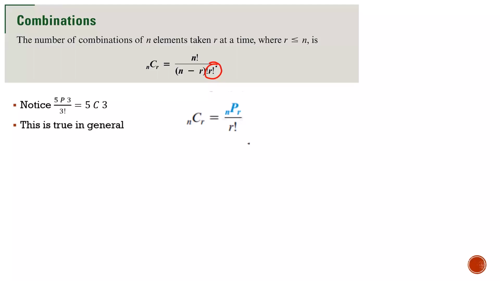I had 5P3 ways to arrange the 3 objects. But if I'm counting the same objects arranged differently as the same, I want to divide by 3 factorial. This is the same pattern generalized. Does everyone see that? Instead of 5P3 divided by 3 factorial equals 5C3, this is nCr is nPr divided by r factorial.